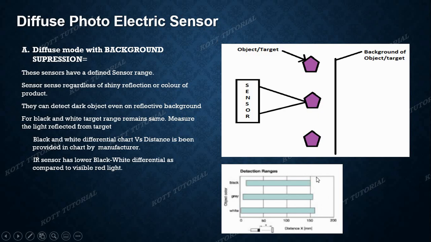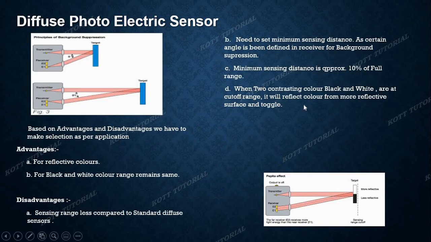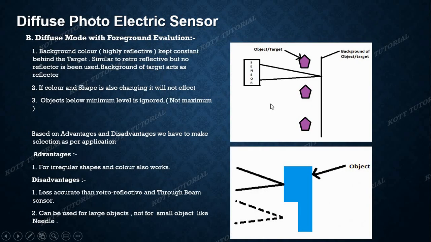It will always toggle or may show a false reading. So always keep the product lesser than the maximum sensing range of the sensor. So this was the point which is being explained there.